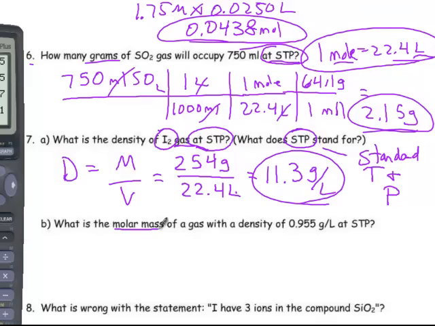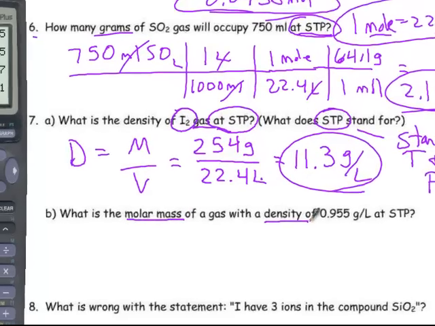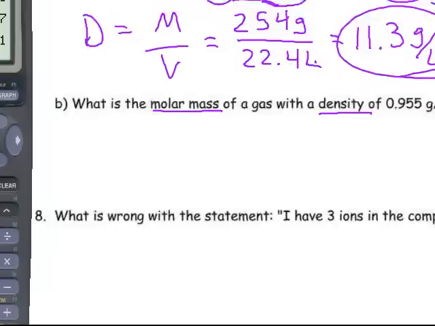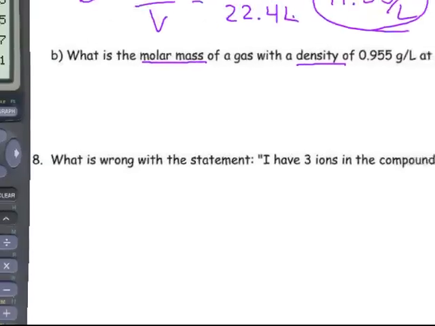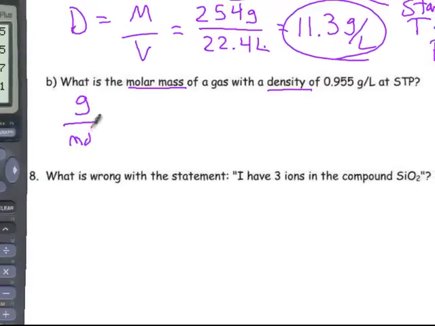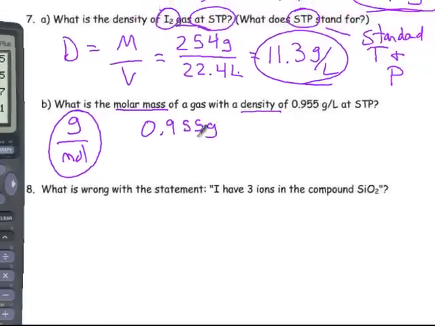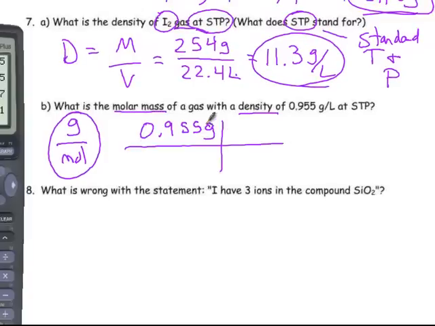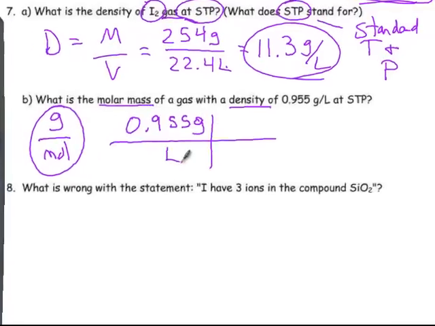What is the molar mass of a gas with a density of 0.955 grams per liter? Tricky one here. Molar mass is measured in grams per mole. This is sort of a test of your dimensional analysis skills. If I'm given 0.955 grams per liter and I want to end up with grams per mole, that means I want to start with grams on the top. And grams per liter puts the liter on the bottom.